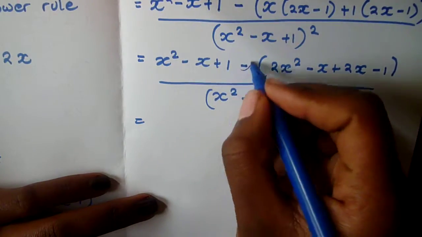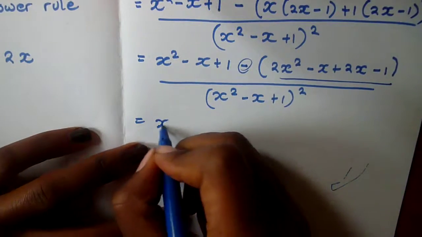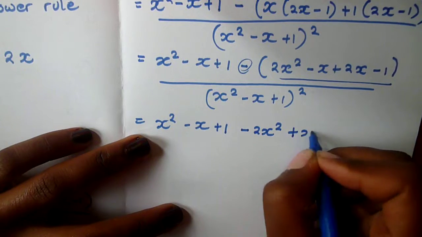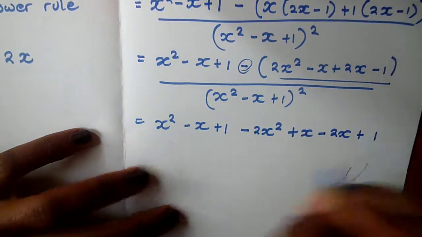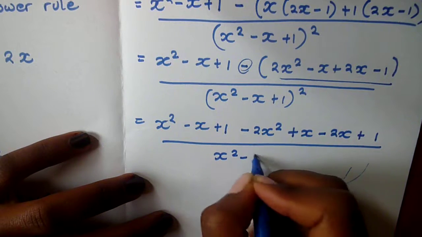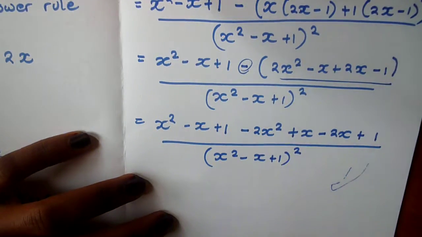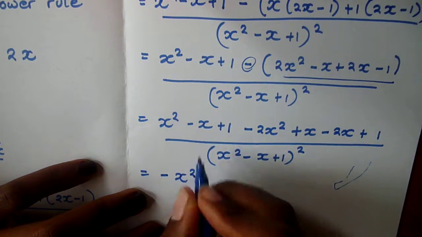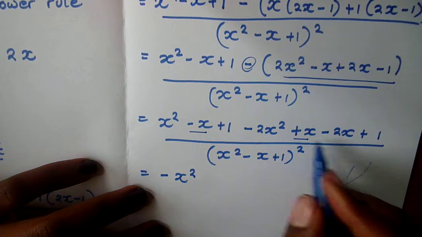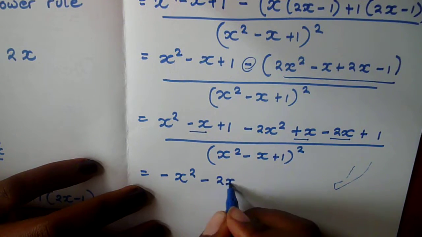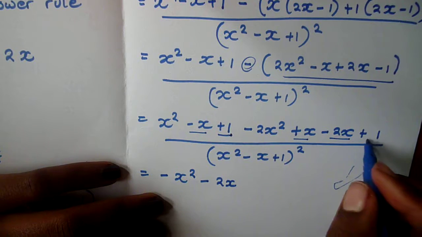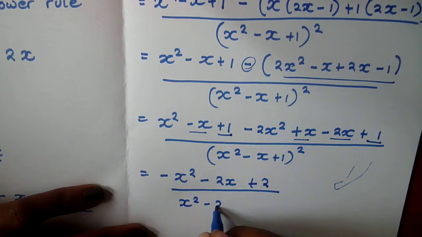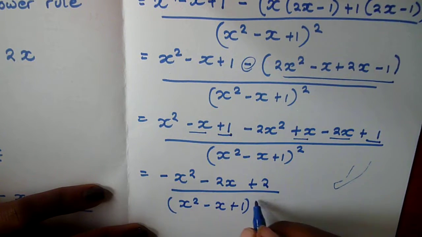Okay, so expanding the numerator by multiplying the negative sign all through this, we get x squared minus x plus 1 minus 2x squared plus x minus 2x plus 1 all over x squared minus x plus 1, all that squared. Putting the like terms together, we get negative x squared minus 2x plus 2 all over x squared minus x plus 1, all that squared.